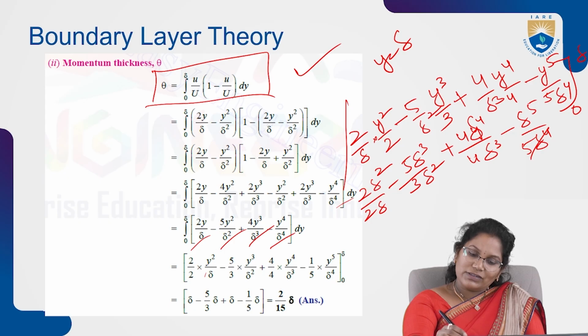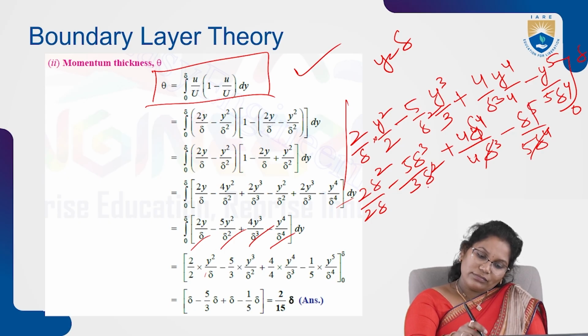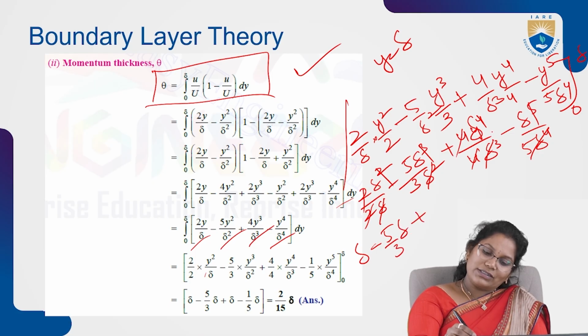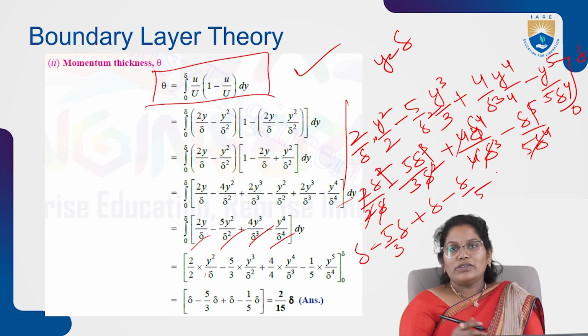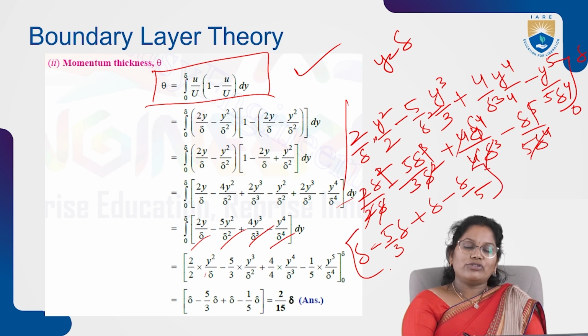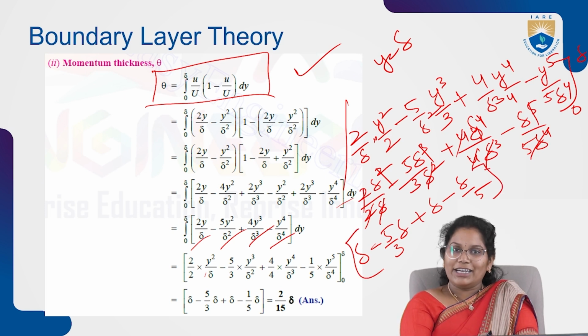When you simplify this, 2 will get cancelled, 4 also will get cancelled. So the only leftover is delta minus 5 by 3 delta plus delta minus delta by 5. This is what you are getting when you substitute delta in place of y.